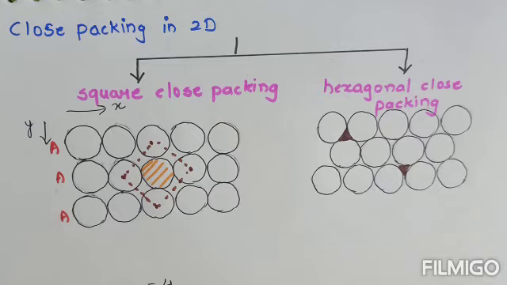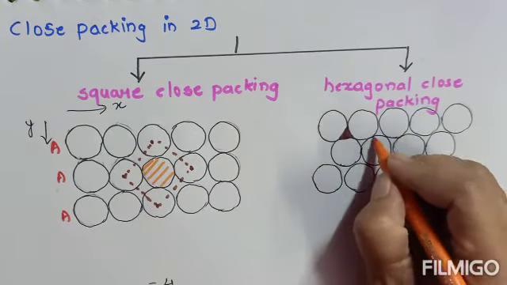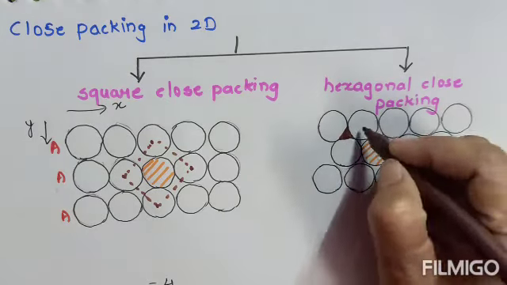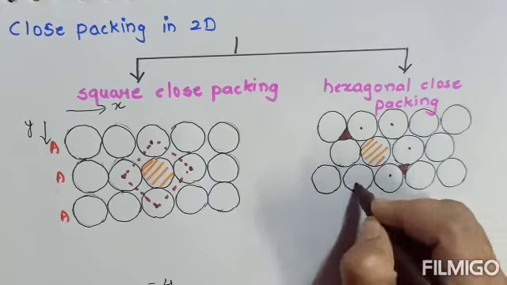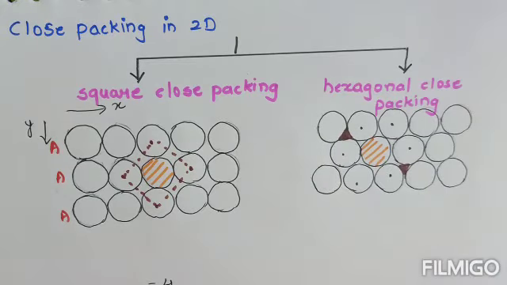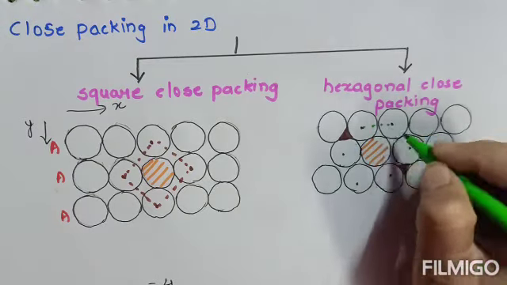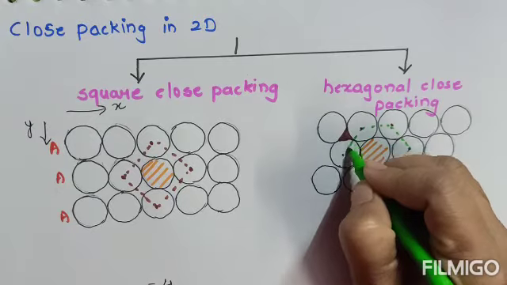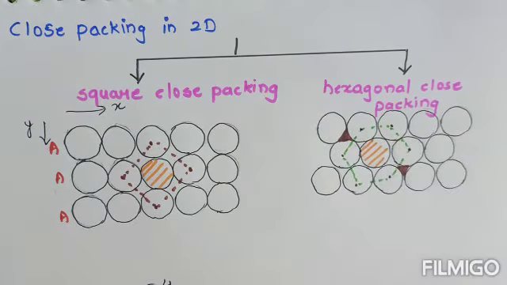Again, if we consider any one constituent particle, it will be in contact with 1, 2, 3, 4, 5 and 6 nearest constituent particles. If we join them, it will give a hexagon, and therefore the name of this packing is hexagonal close packing.